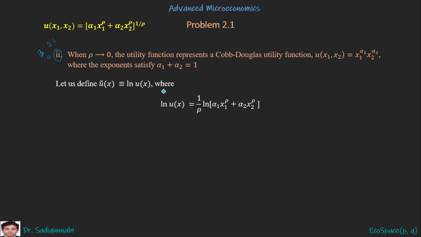So u(x1, x2) equals alpha 1 x1 to the power rho plus alpha 2 x2 to the power rho, all to the power 1 upon rho. If we take the natural log of this, we get this equation.